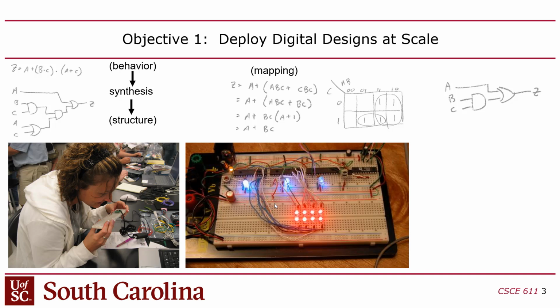Sometimes these are called net lists or schematics, but this is called a structure. So there's behavior and there's structure. We're using a language that can define both behavior and structure. Behavior is essentially a truth table, right, or a state machine. And structure is when you define a schematic as a text file.